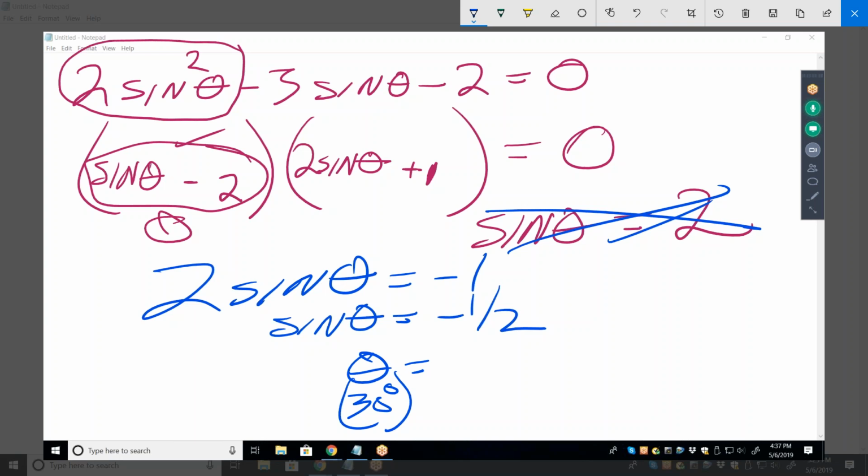Okay, so where is sine negative? Negative 150. No, first of all, our answers have to be between 0 and 360. So negative answers don't work.